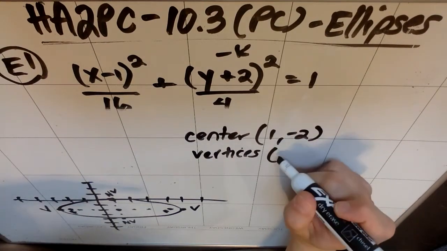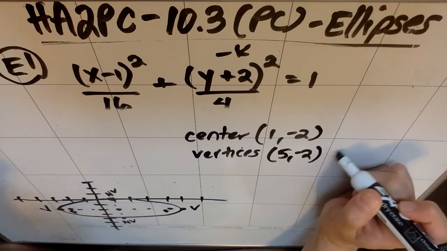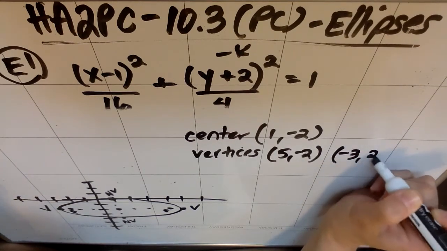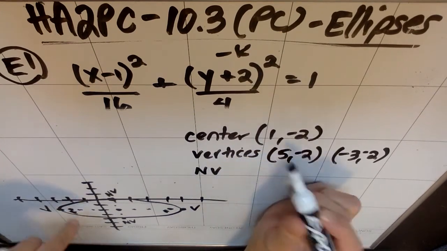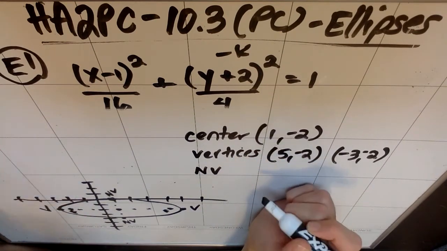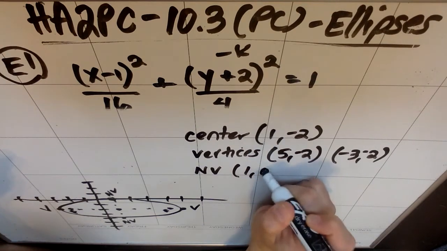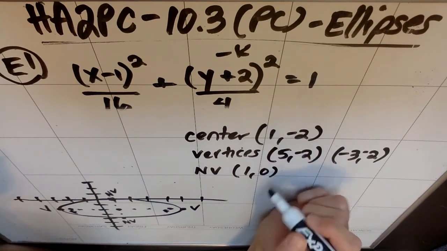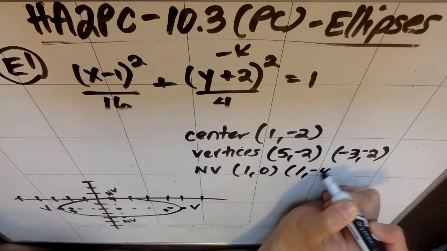So right 4 would be 5 comma negative 2, and left 4 would be negative 3 comma negative 2. For my non-vertices, I moved from 1 comma negative 2 up 2 or down 2. Up 2 would be 1 comma 0, because I'm adding to the vertical coordinate, the second coordinate. And down 2 would be 1 comma negative 4.